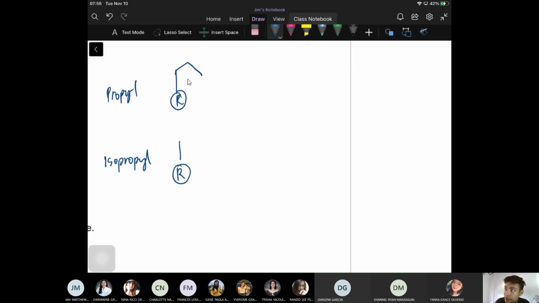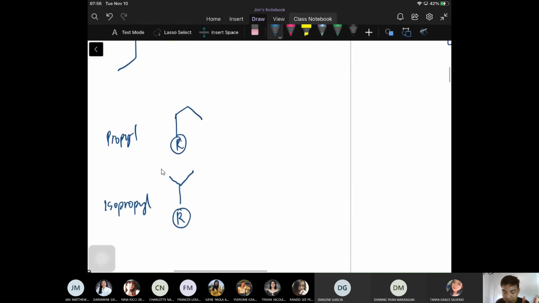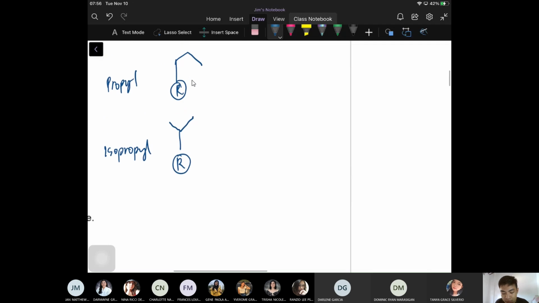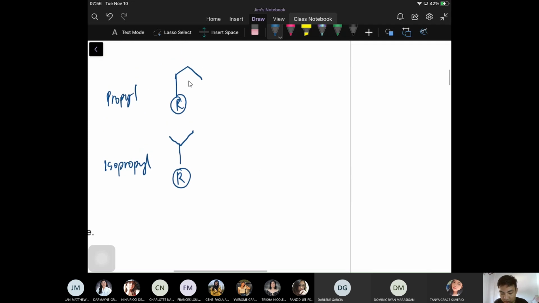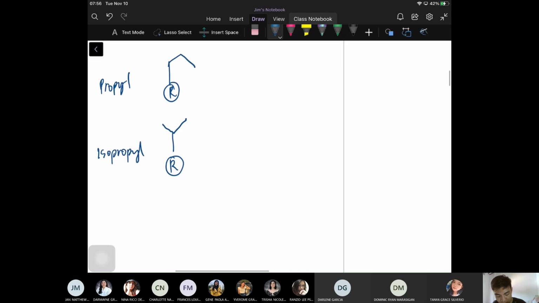However, instead na yung first carbon yung nakadugtong sa parent, yung second carbon yung dudugtong sa parent. Hence, it will have the recognizable V shape. So, every time may V shape, we call that isopropyl. 3 carbons na naka-letter V. Ano pa yung mga common names ng ating substituents? Okay, so we have the butane.